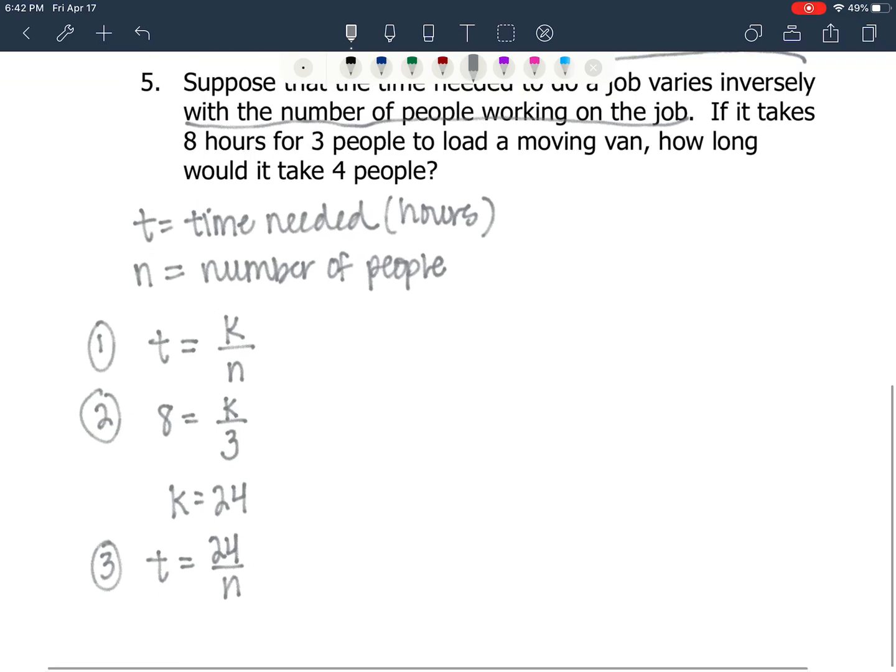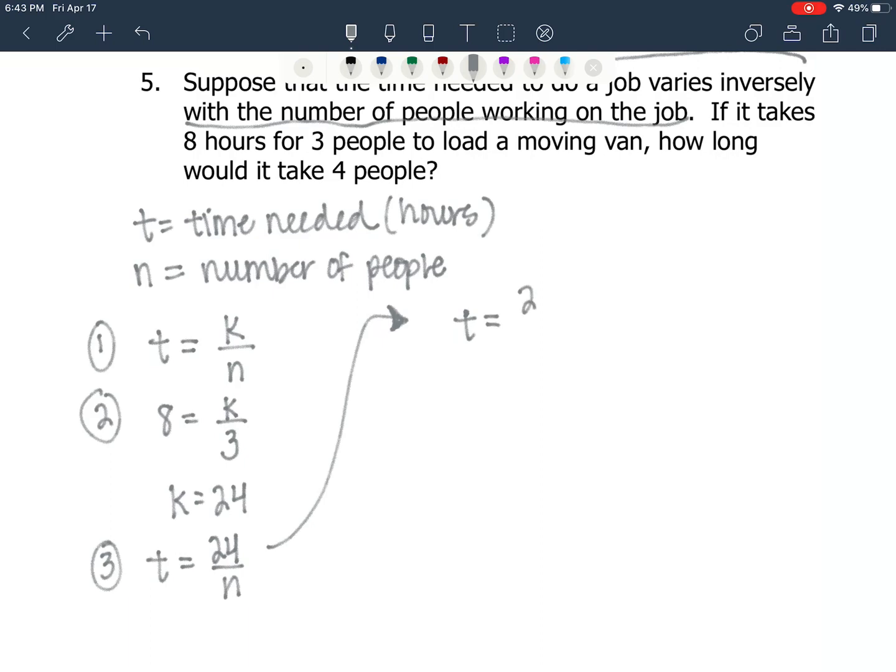Now we can see, okay, well, if we want to use 4 people, if we want to use 5 people, if we want to only take up 12 hours, we can put different values in for either the time or the number of people so that we can figure out what it is that we need to make this job happen. So how long would it take for 4 people?